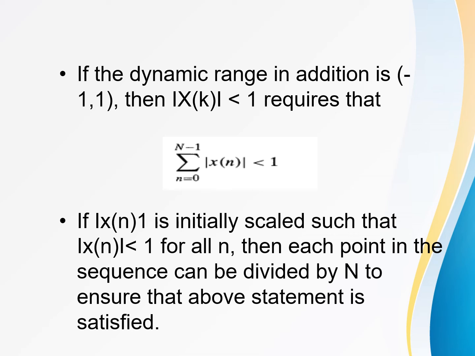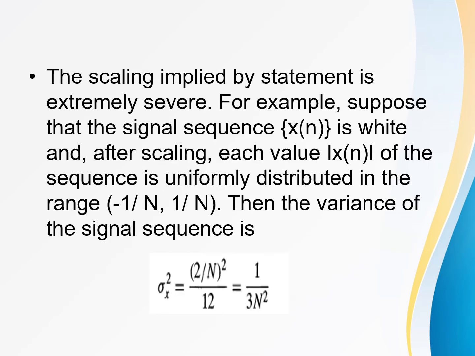If mod of x of n is initially scaled such that mod of x of n is less than 1 for all n, then each point in the sequence can be divided by N to ensure that the above statement is satisfied. The scaling implied by the statement is extremely severe.